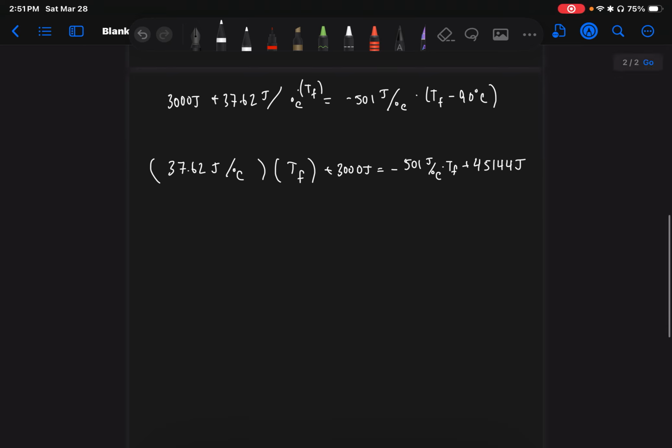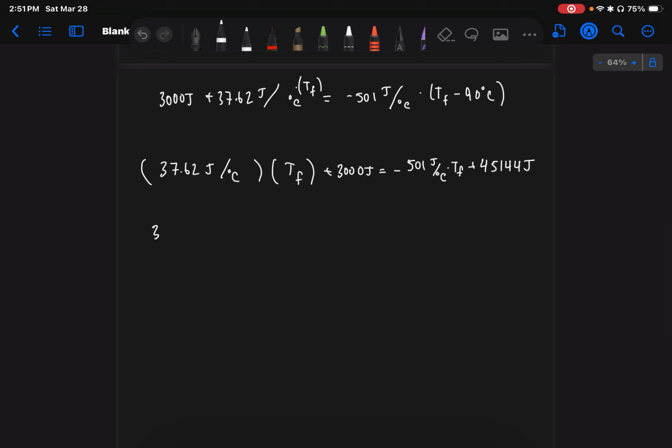Okay, my writing is a bit too messy. Now I'm okay. 37.62 joules per degree Celsius times TF plus 501 joules per degree Celsius times TF is equal to 45,144 minus 3,000, which is 42,144 joules.